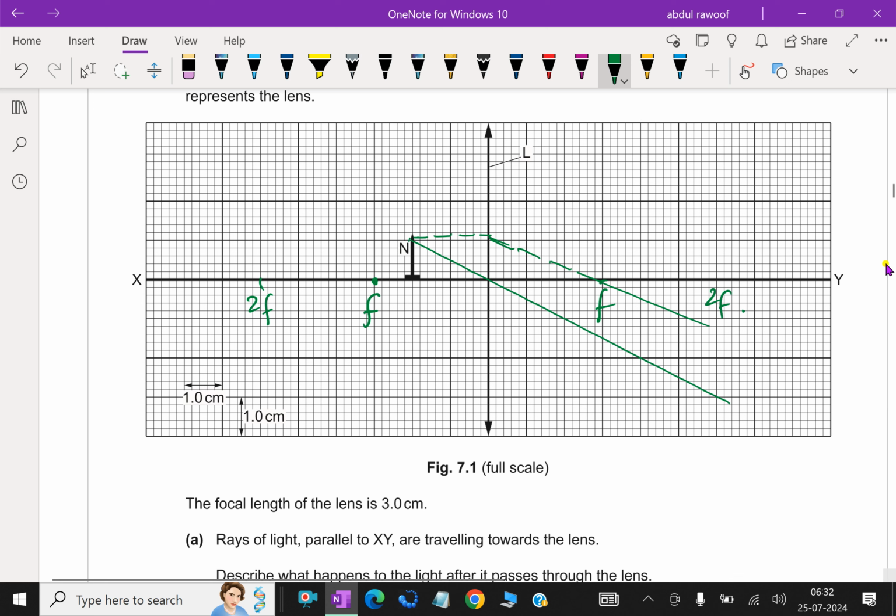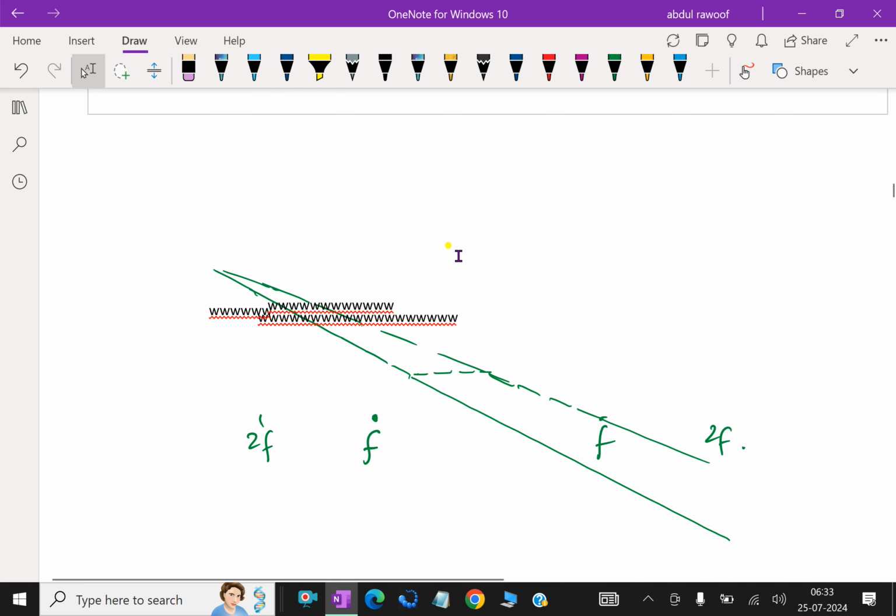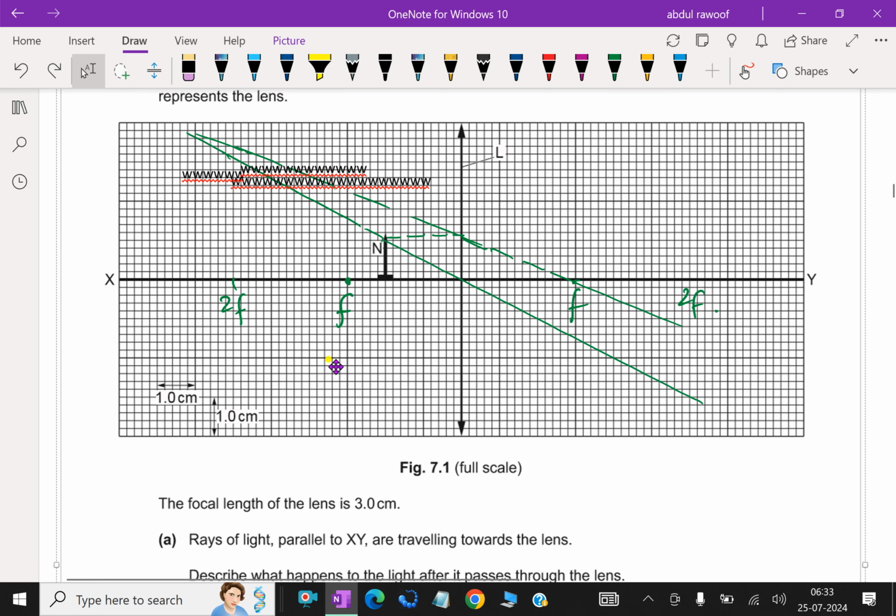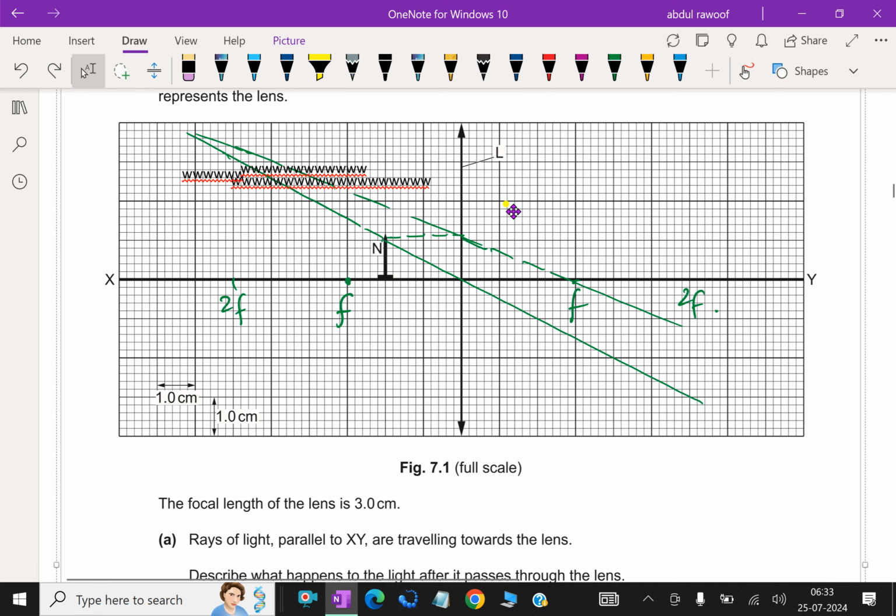Now extend this, and this also. Now we draw a ray diagram.